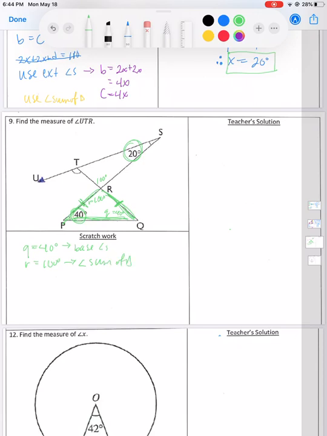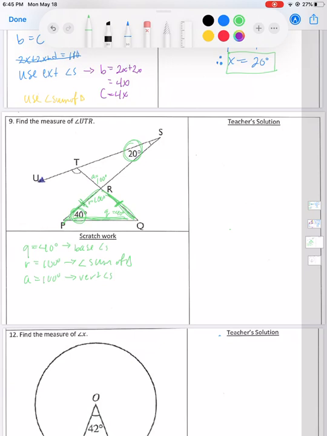And we'll do, I don't know, A. Let's just say A is 100 degrees from vertical angles. And then once we have that as 100, we need to find the angle UTR. That's this one here.